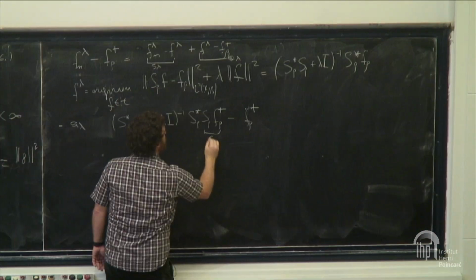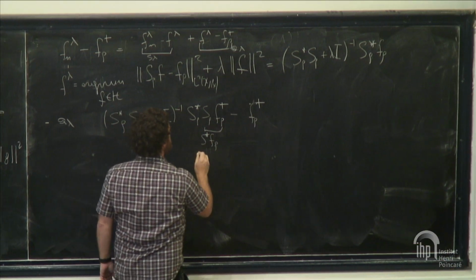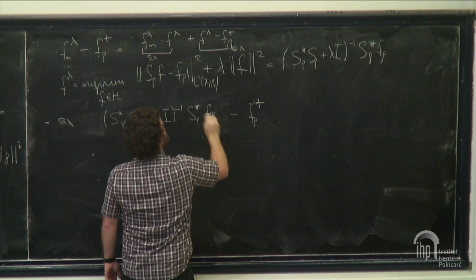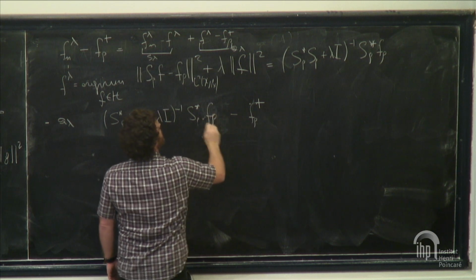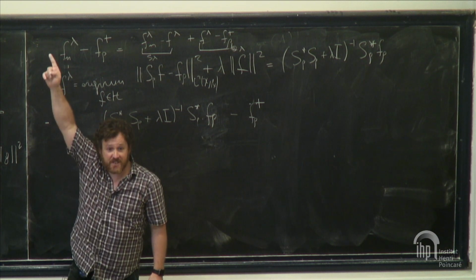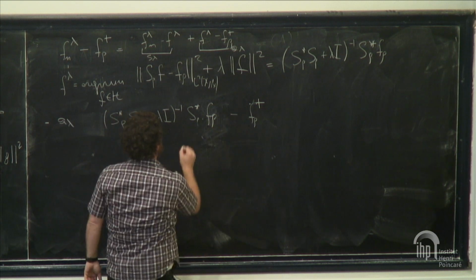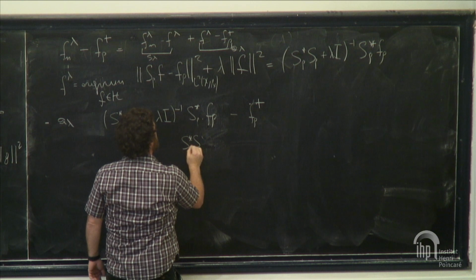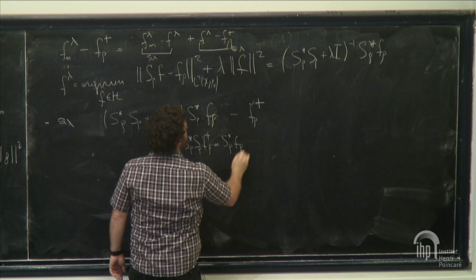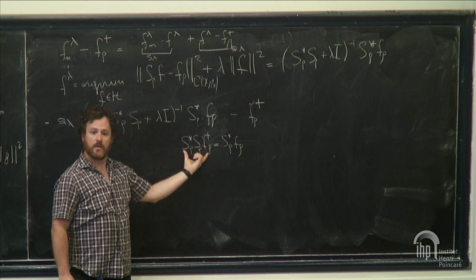So here I should write f rho, but because this is a solution of the normal equation, I should write S star f rho. If you look up there somewhere, you know that this is a solution of the normal equation. So it holds that S star f dagger is equal to S star rho f rho. So I can replace S star rho f rho with this.